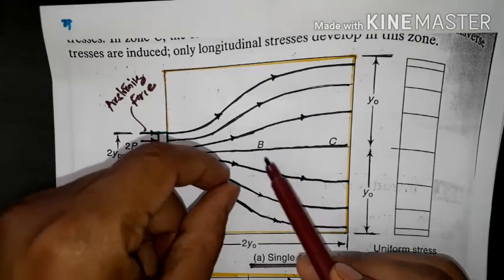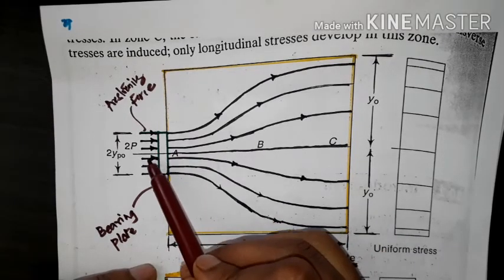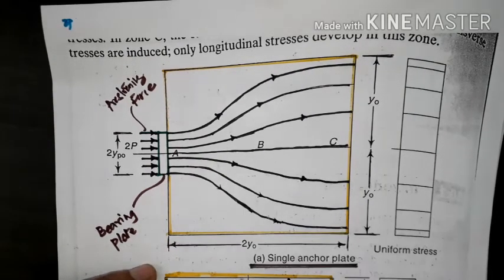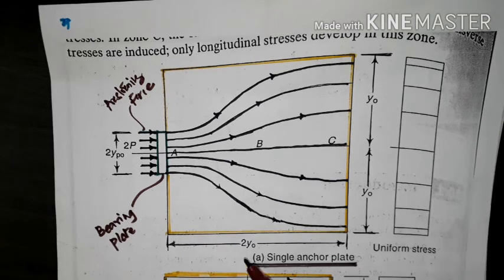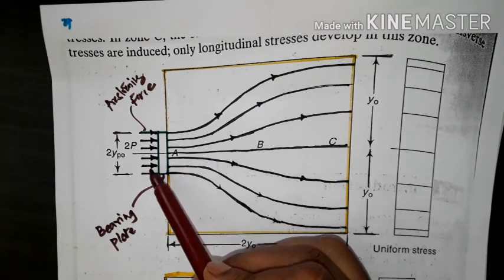After stretching, what will happen? Ultimately the cable will be anchored by using different anchorage devices. There are n number of anchorage devices to anchor the cable. The cable will be anchored at the end and they will provide a bearing plate.